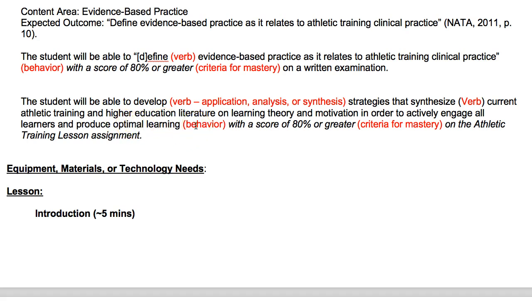That's the behavior. That's what you're doing in this assignment, actually, the athletic training lesson assignment. With a score of 80% or greater, that's the minimal level that students need to reach in order to pass that assignment. That's what criteria for mastery is, 80% or greater on this assignment.